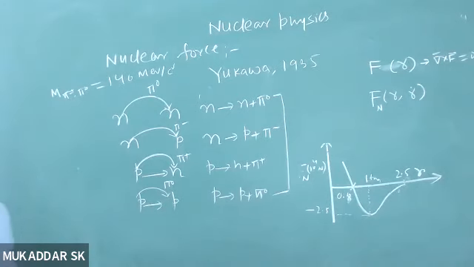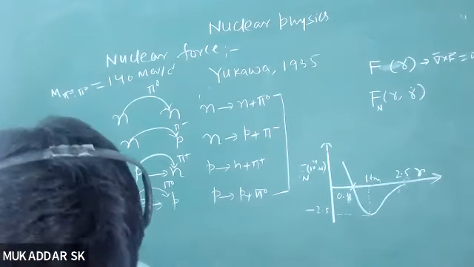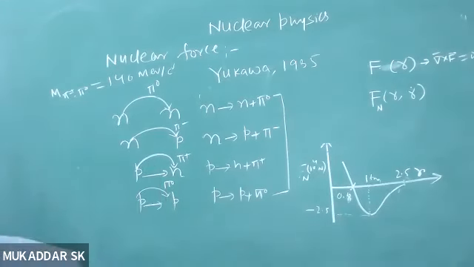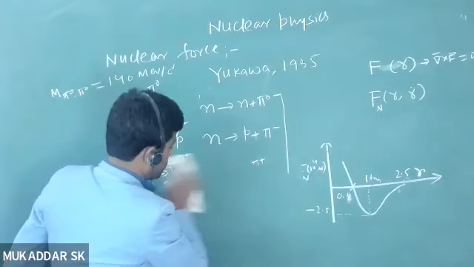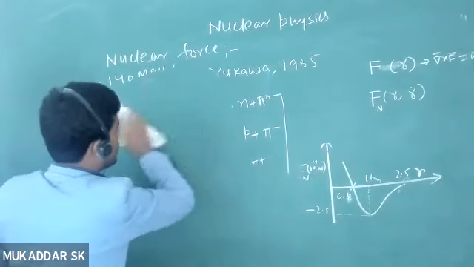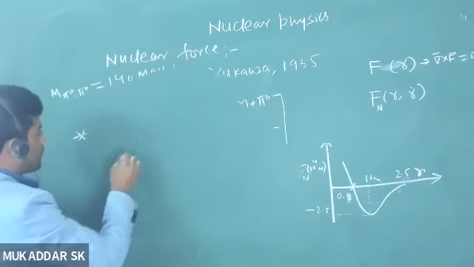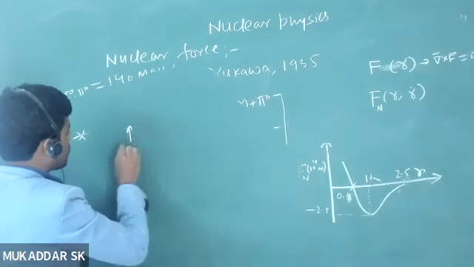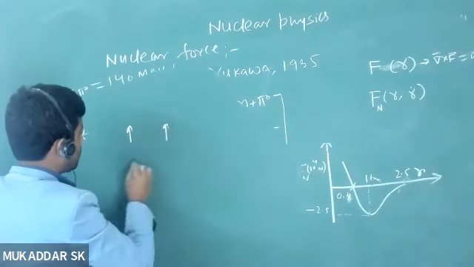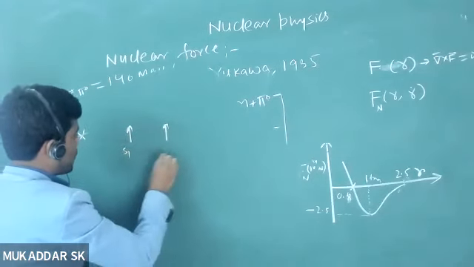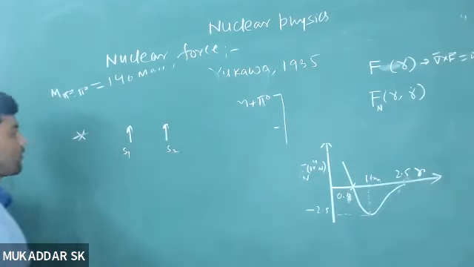Next you have that nuclear force is spin dependent. The meaning of spin dependent? Depend upon the spin of the nucleus. So you know that inside nucleus you have a neutron and proton, right? So each is having spin. अगर सपोज मान लो दो न्यूक्लियन है और दोनों का स्पिन s1, s2 that is half.